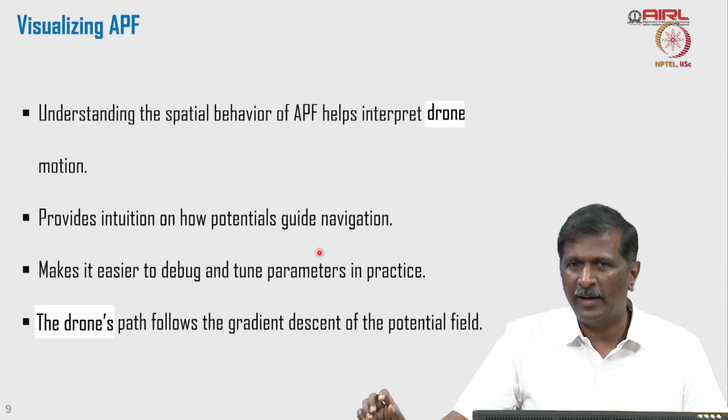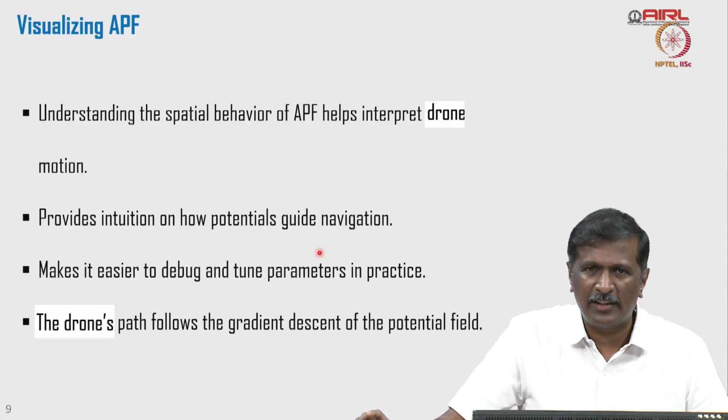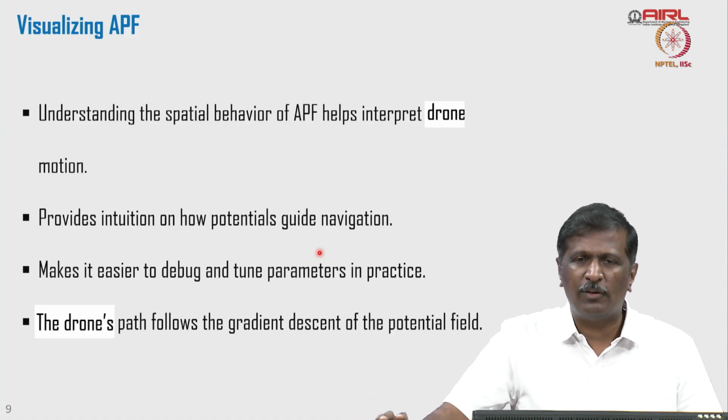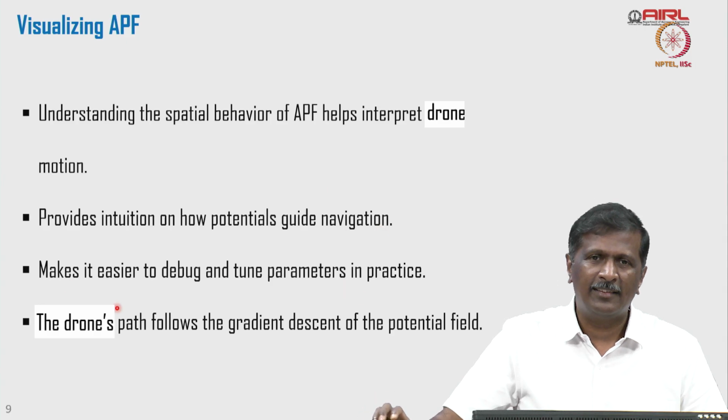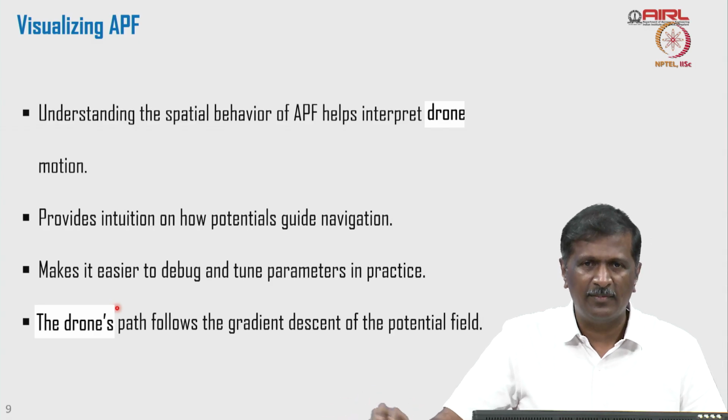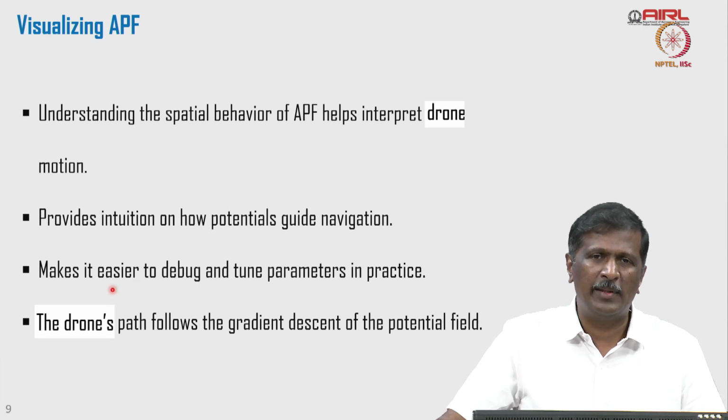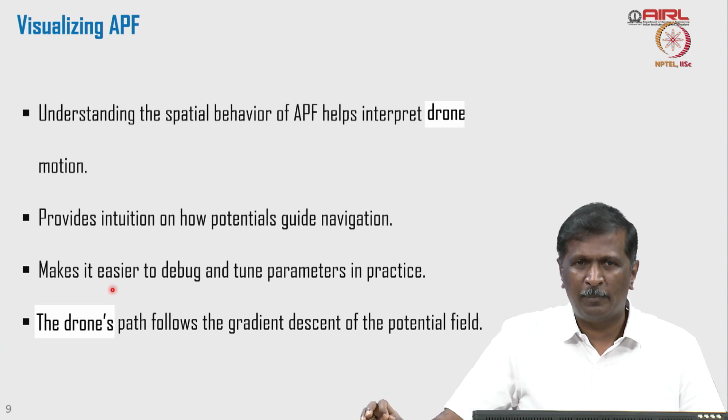You have to provide the d naught, so what is the effect of this d naught? If you have an intuition of how these potential fields work, then you can fine tune these parameters. If you provide it tighter, then the maneuver will be aggressive. If you provide it larger, sometimes you may not get a feasible solution also. So you need to figure out the appropriate parameters that you need to choose.